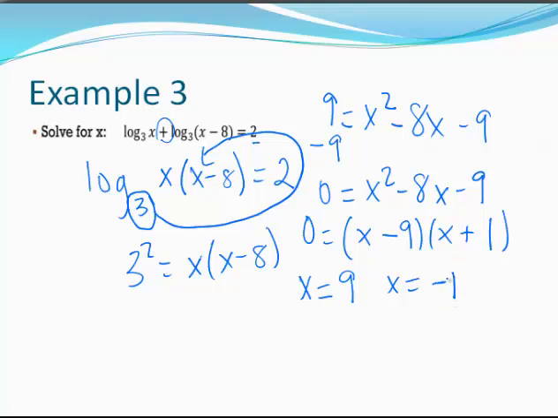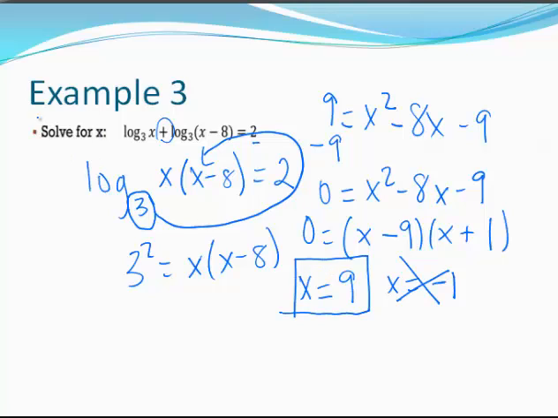So, if I plug in a negative 1 to the x, log base 3 of negative 1 doesn't exist because there's no way to get 3 to any number equaling negative 1. So, the negative solution is extraneous, just like we talked about when we did roots, and so my answer is 9.